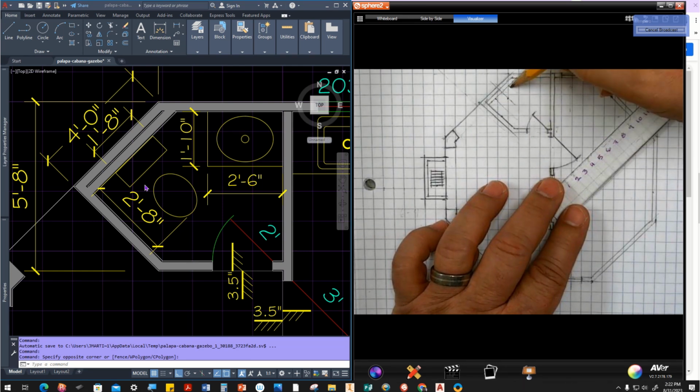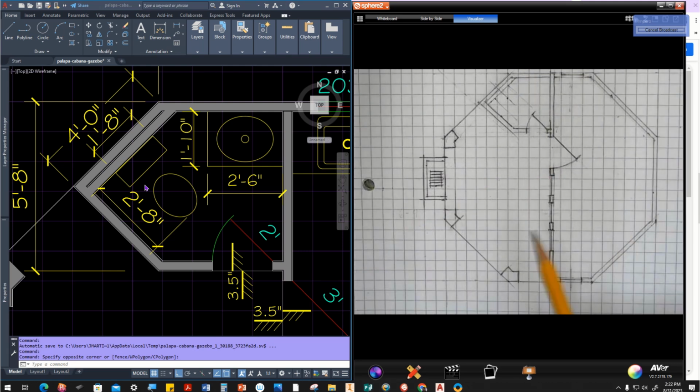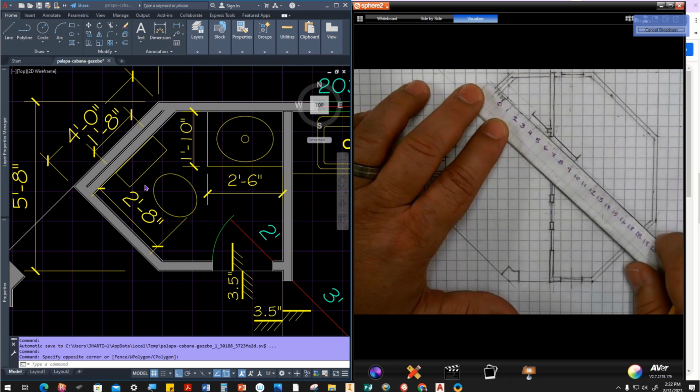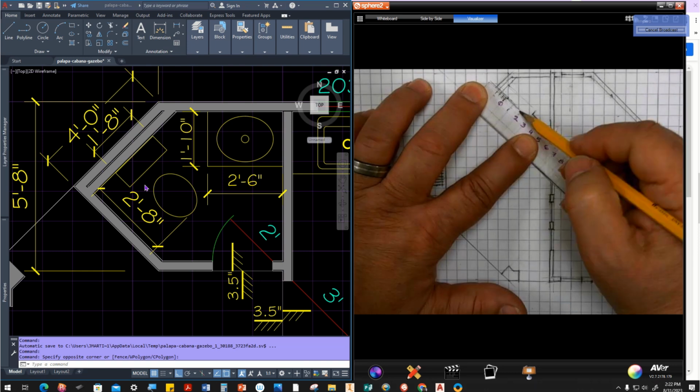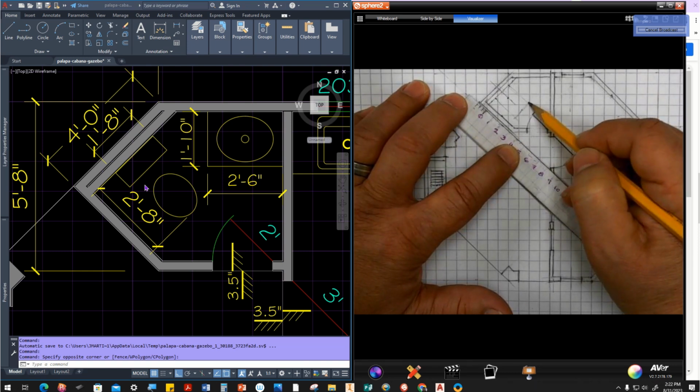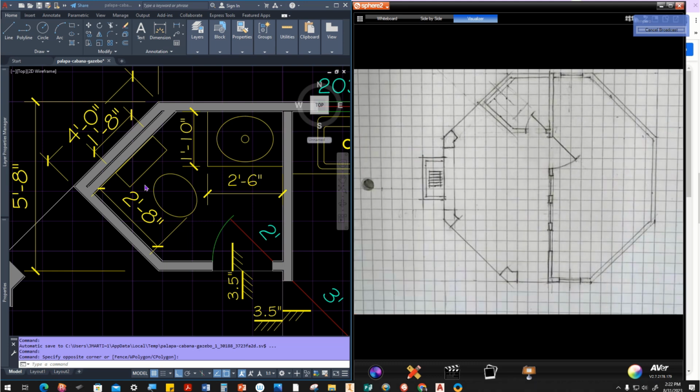Okay, I'm going to extend those two lines like so, so that I can locate 2 feet 8, 2 feet 4, 2 feet 8, and we're going to accommodate our toilet within that rectangle. Okay, 2 feet 8 by 1 foot 8.